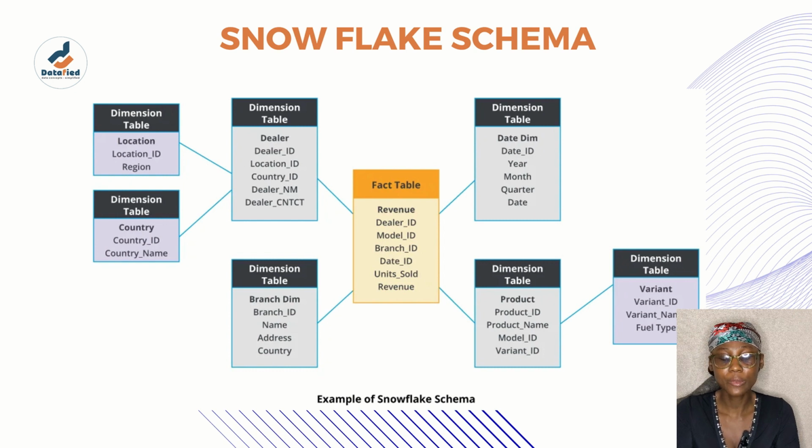A snowflake schema is a type of schema that breaks down your data even more. For example, we have the fact table and different dimension tables. But this time around, the dimensions are broken down into smaller bits and pieces, and there's no direct linkage to the fact table from the dimension table, unlike how we have it in the star schema.